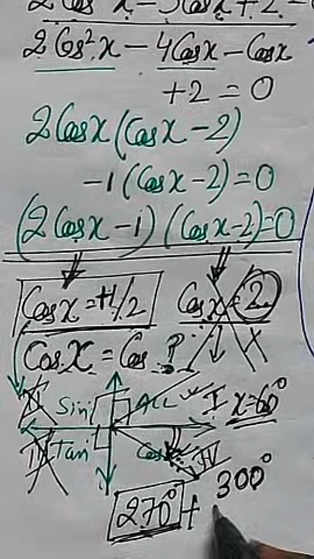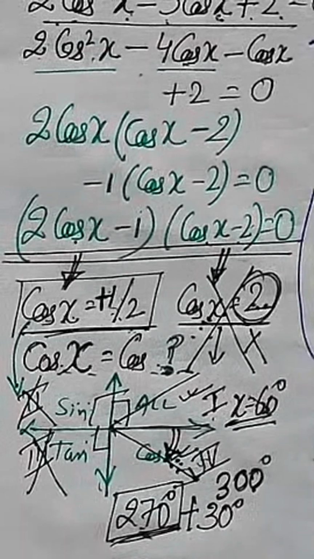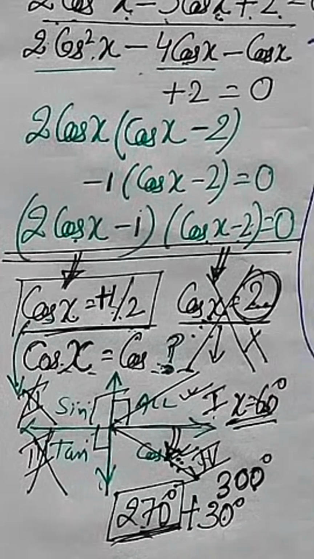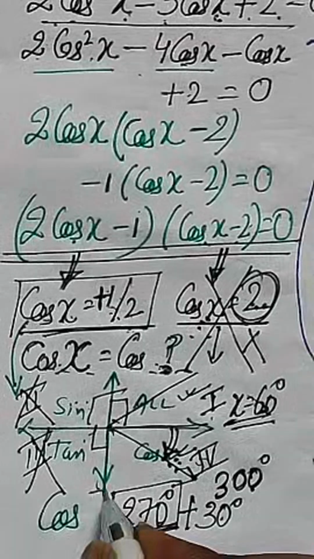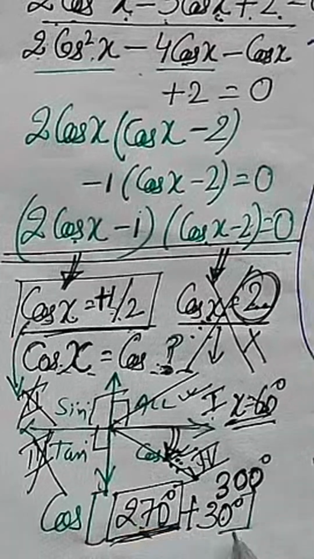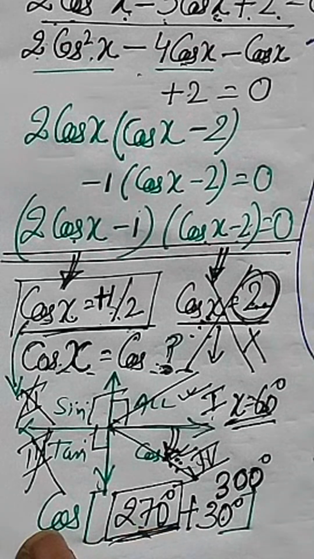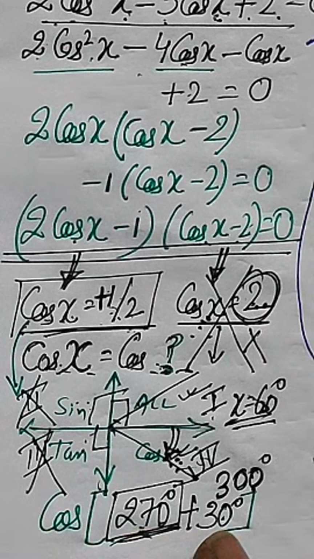Because if you add 30 to it, and since this is cos, if you take cos of 270 plus 30, this will give you sin 30, right?